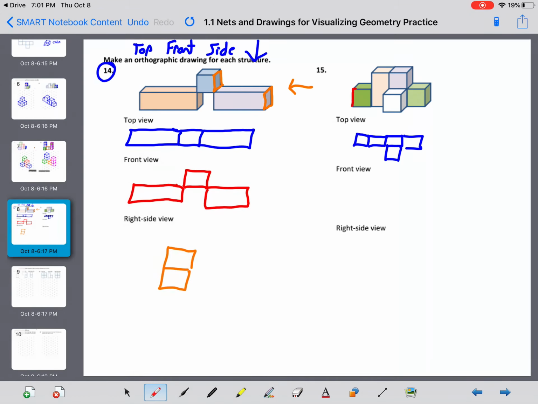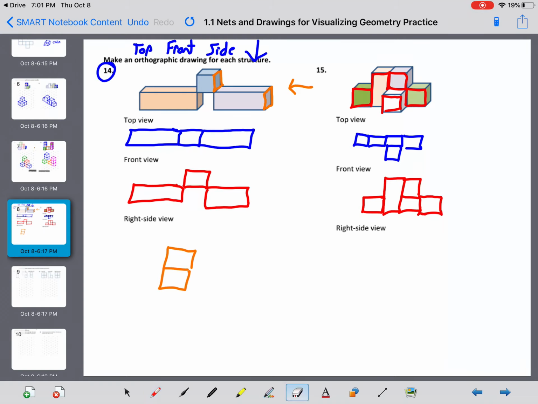The front view seems to be the easiest for everyone. You have a square, a rectangle, a square, another square, and a third square. So your front view is a square, a rectangle, a square, and a square.